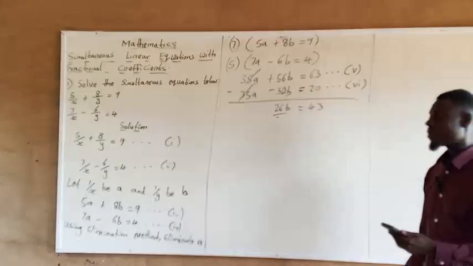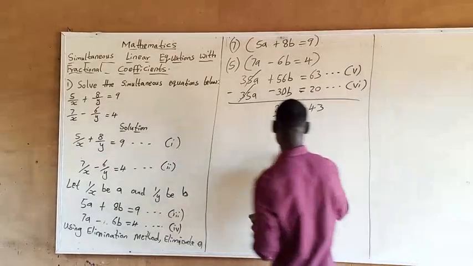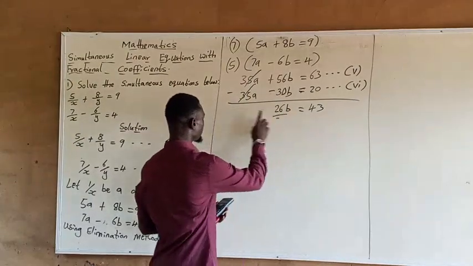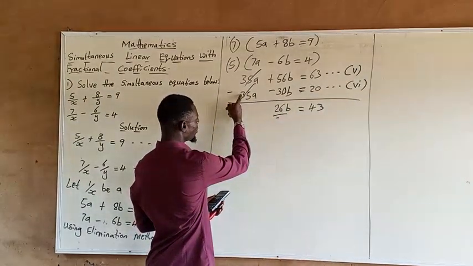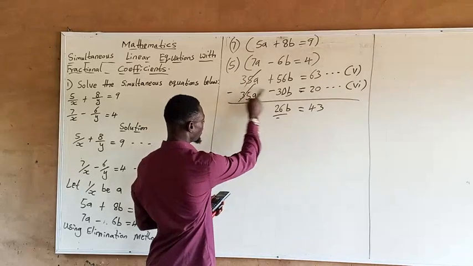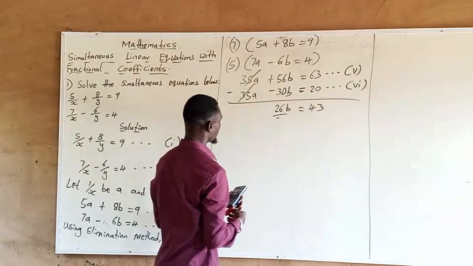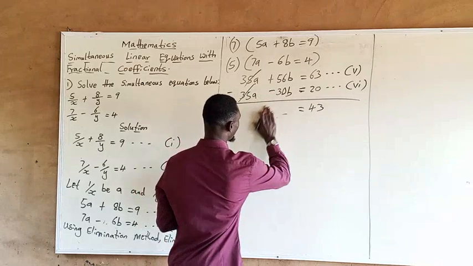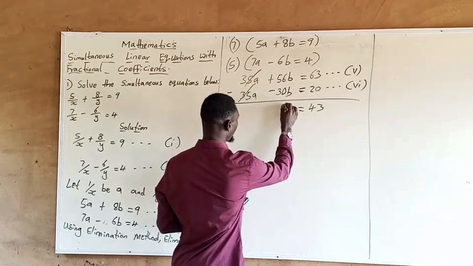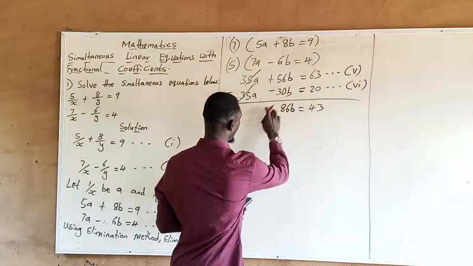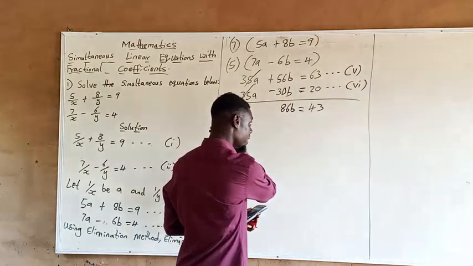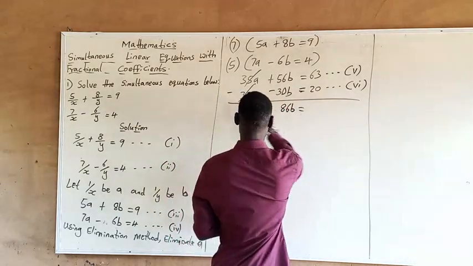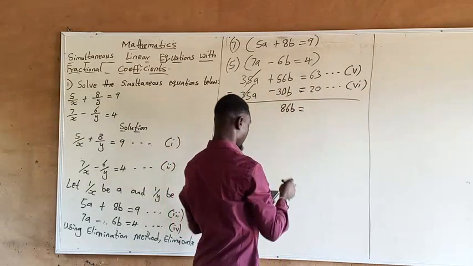All right, okay, I observe something here. This is 26. Let's see. If this times this will give us minus, if this times this will give us plus. So we are supposed to add, not to subtract. So we have 86B, not 26. At this point, we are introducing the negative to this 20.